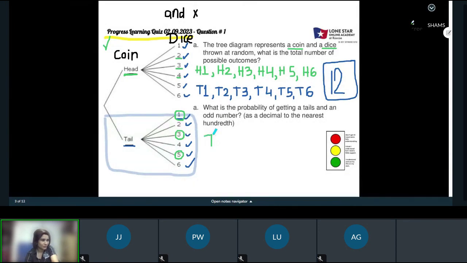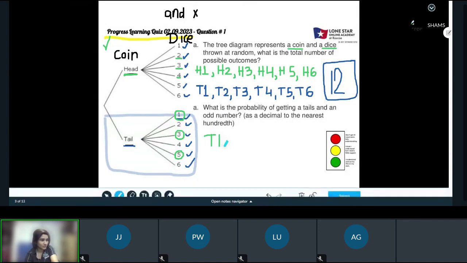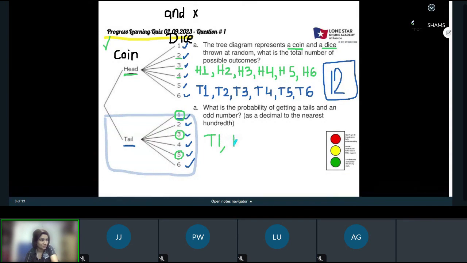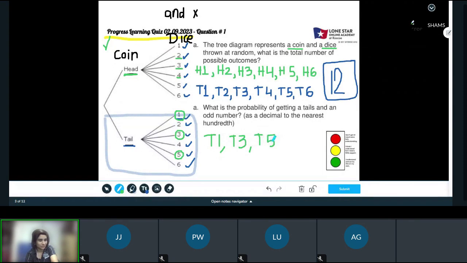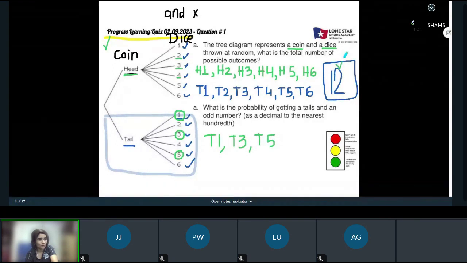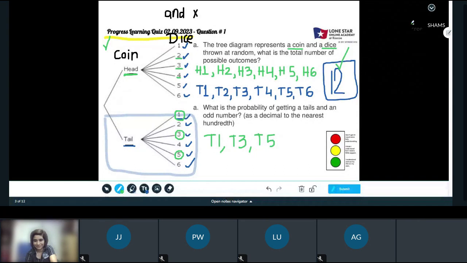I can have tails and 1 on the number cube. I can have tails and the number 3 on the number cube. I can have tails and the number 5 on the number cube. And there are only 3 such outcomes out of a total of 12 outcomes.